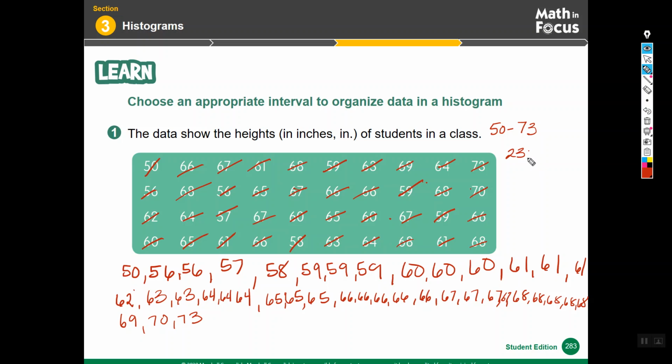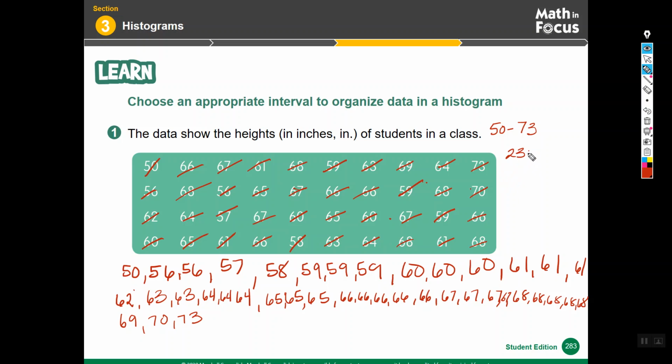So you're looking for something that's in groups of, depending on the size of your data, maybe 4, 5, it depends, but you don't want your intervals to be too huge unless your data set is in the thousands, then you could have intervals of 100 or whatever.